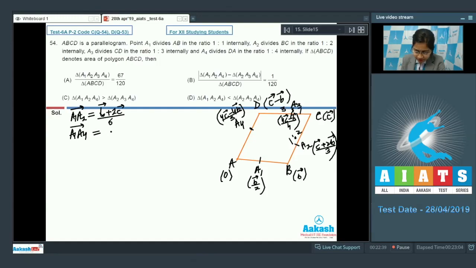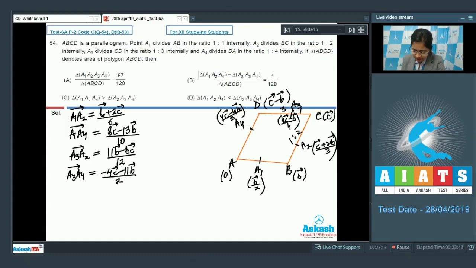So that will be equal to (8c minus 13b) upon 10. Next, let us find vector A3A2, that is A2 minus A3, (11b minus 8c) upon 12. Similarly, let's find A3A4 vector, that is A4 minus A3, that is (minus 4c minus 11b) upon 20.